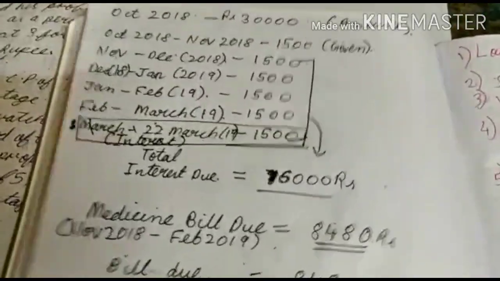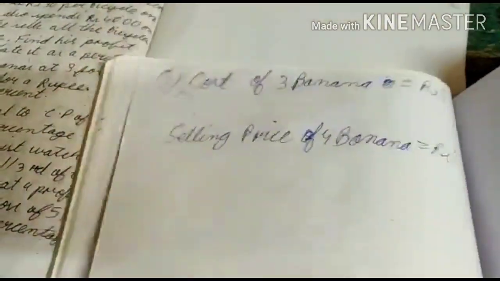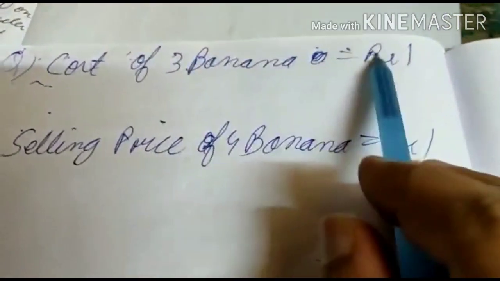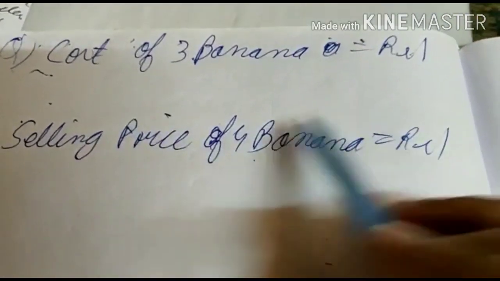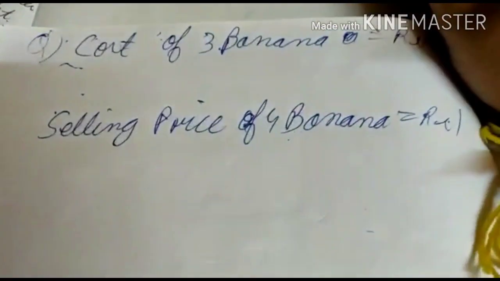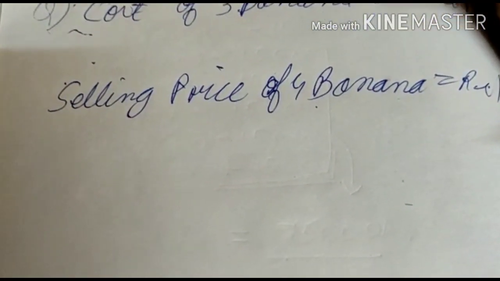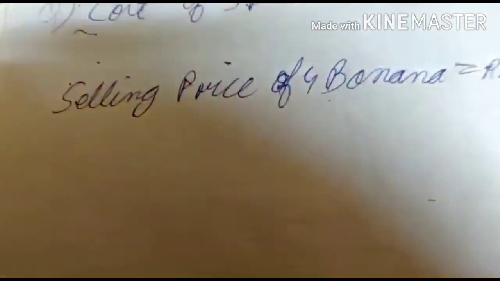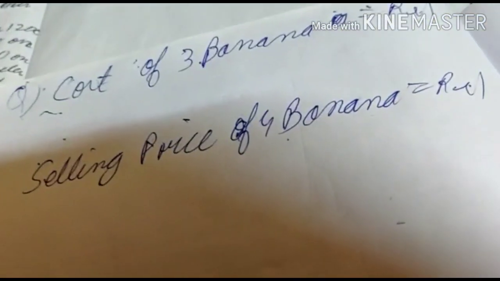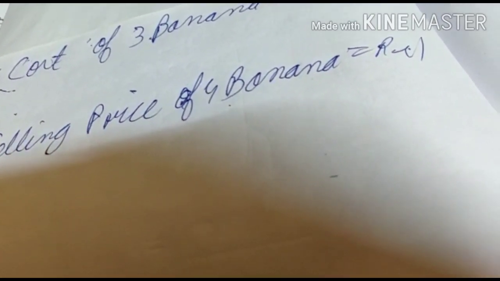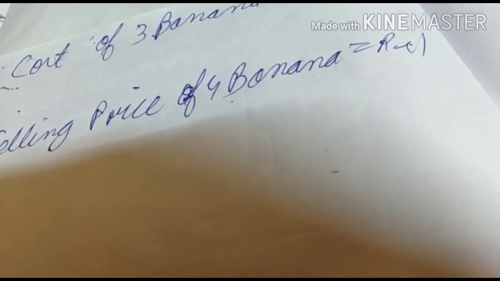So here we had cost price and SP of bananas as cost price of 3 bananas is rupees 1 and SP of 4 bananas is rupees 1. So we have to compare the cost price and SP of same bananas. If I say it simply, like a person buys a pen for rupees 4 and sells it for rupees 3, and if he's selling a pen for rupees 3, then he will sell 2 pens for rupees 6.